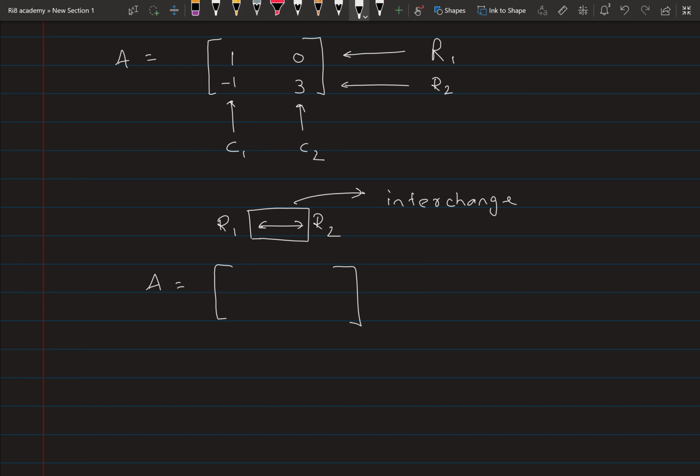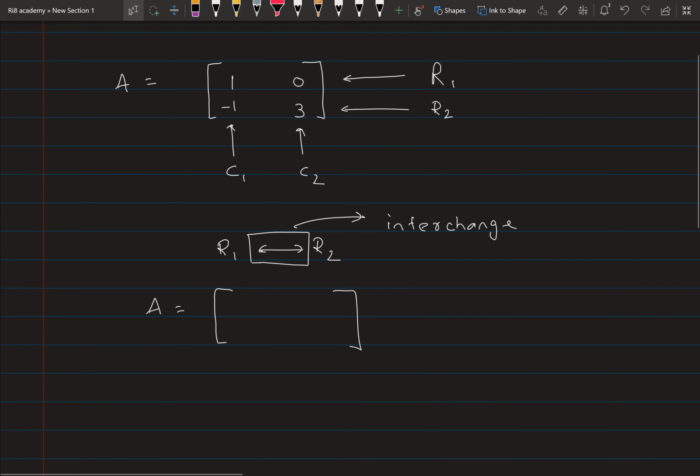The whole R1 is replaced by R2 and R2 is replaced by R1. Look at this question. They are interchanged like this. R1 will go in the place of R2 and R2 will go in the place of R1. So this is the answer of interchanging. The first operation. Is it clear to you? Interchanging of the rows.